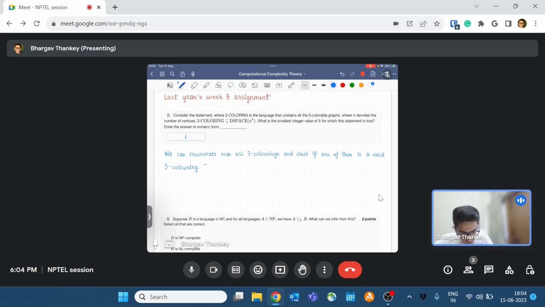To enumerate over all colorings requires order n space, because we can have 0, 1, or 2 for every vertex, and that's like 2 bits per vertex.